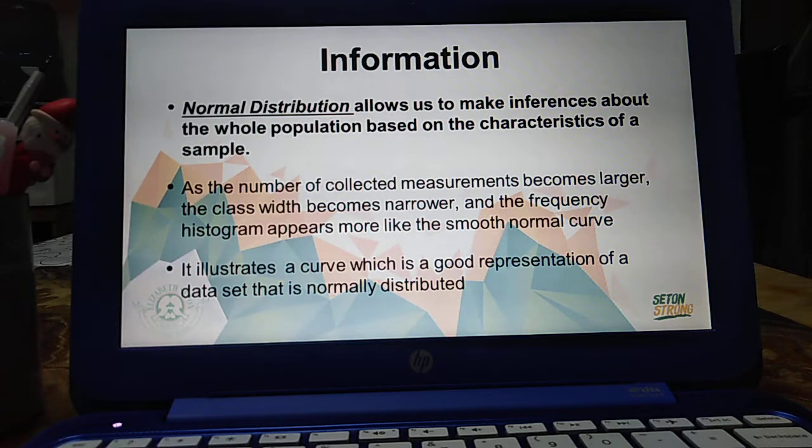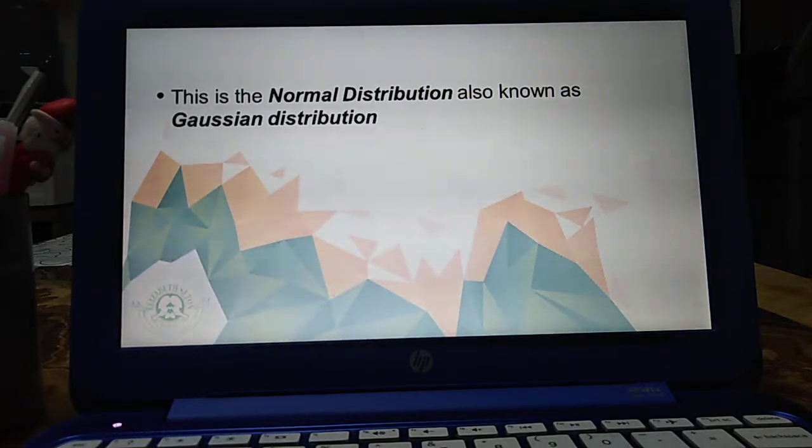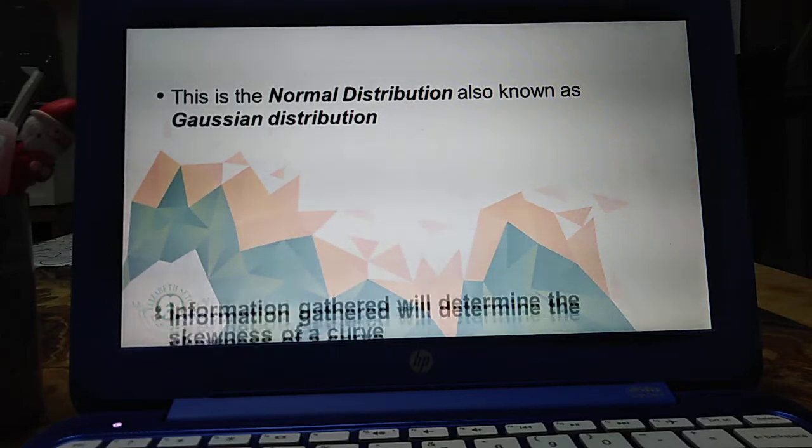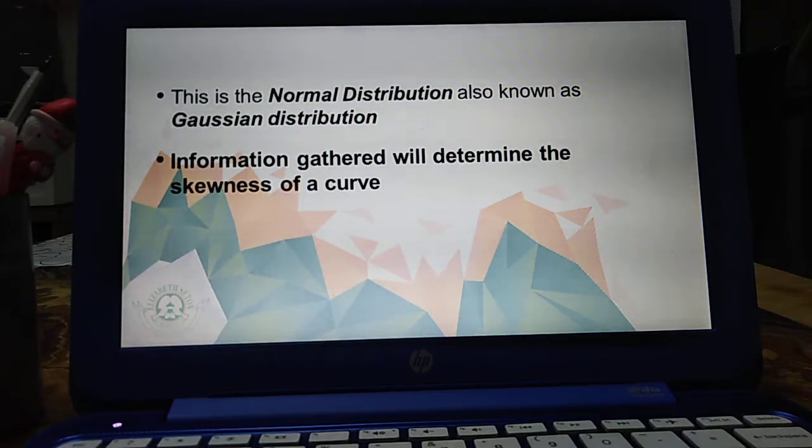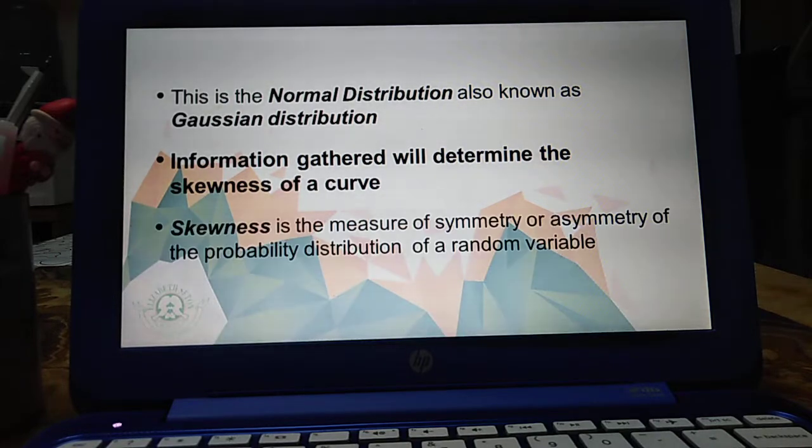This is what we call the normal distribution, also known as the Gaussian distribution. The information we gather will determine the skewness of the curve, and skewness is defined as the measure of symmetry or asymmetry of the probability distribution of a random variable.